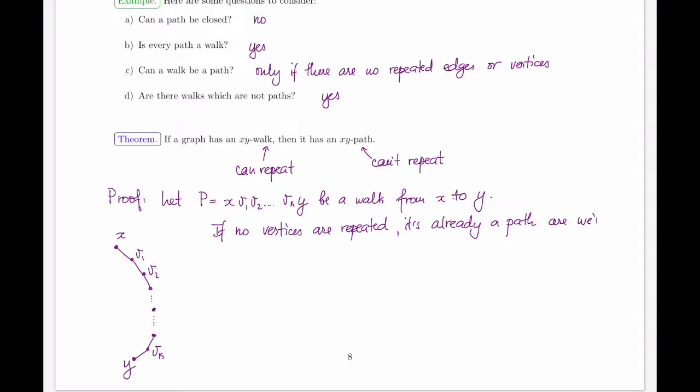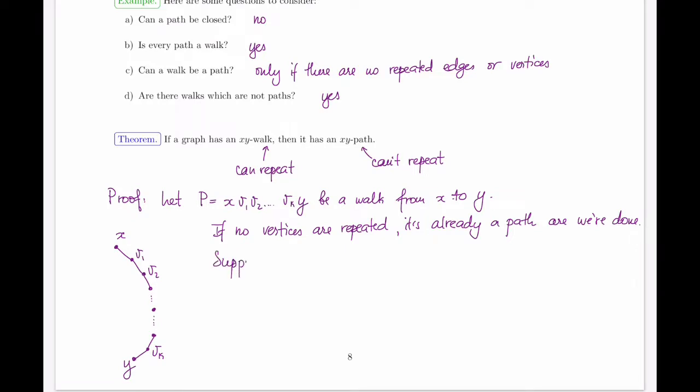So I only really have to worry about vertices repeating, because edges, of course, go through vertices. If no vertex is ever repeated, then how could I possibly repeat an edge that involves that vertex? That's impossible, right? So if along the way I already have no repeated vertices, then I already have a path, no issues at all.